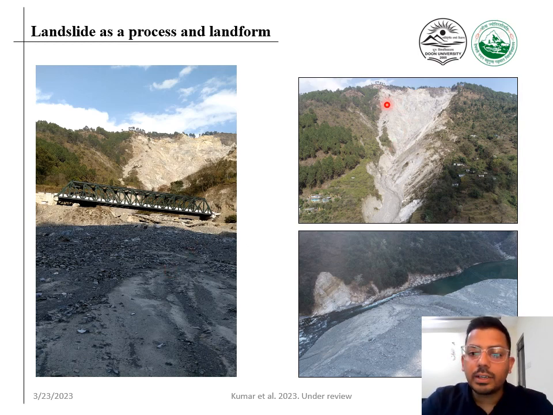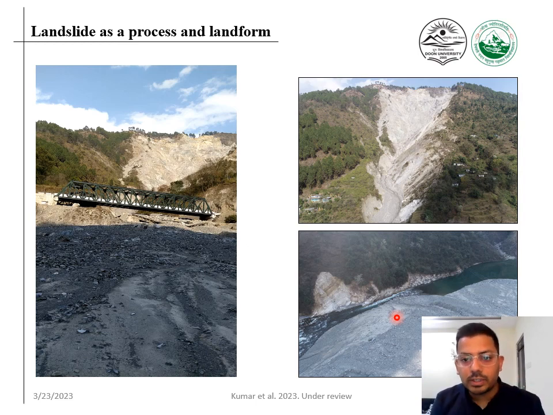On the right side, you have this zone of detachment. This is a picture which I have taken through the drone. In the video, you saw my colleague taking a video through the drone. And in this picture, you will see the deposition material has dammed the river partially. So I'll give you now the definition. Landslide is the down the slope movement of hill slope material. When I say down the slope movement of the material, I mean the material gets detached from the zone of detachment.